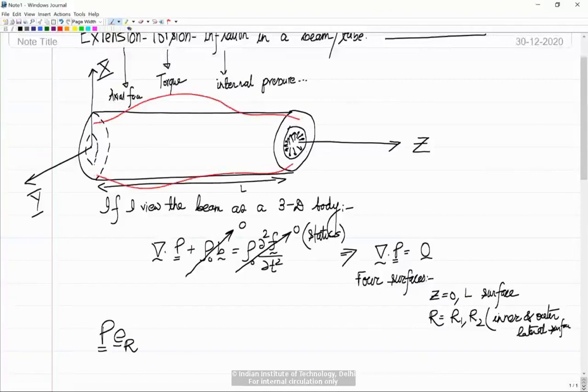It could become something like this, and then the outward normal here is pointing this way, whereas initially in the undeformed state the outward normal is perpendicular to z-axis, and in Lagrangian we have to work with the undeformed normals. So this is going to be 0 for big R equal to big R2, right? That's the outer surface.